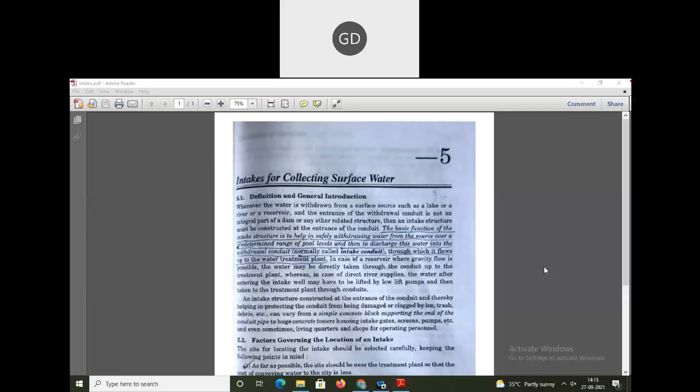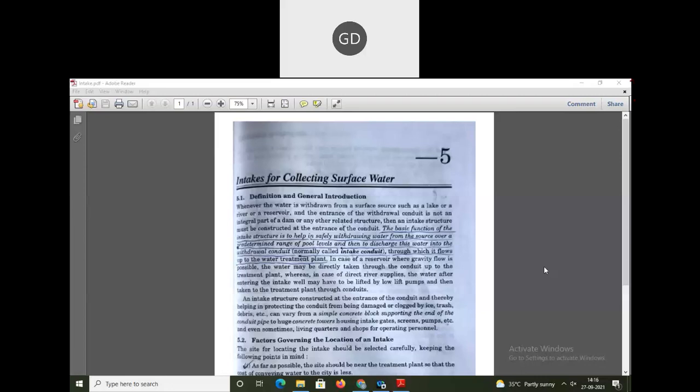After you have found the source, you have to withdraw the water from it and take it to a withdrawal conduit. So this is an intake. The basic function of the intake is to withdraw the water from the source, whether it is a pool, a river, or an underground source like tube wells.